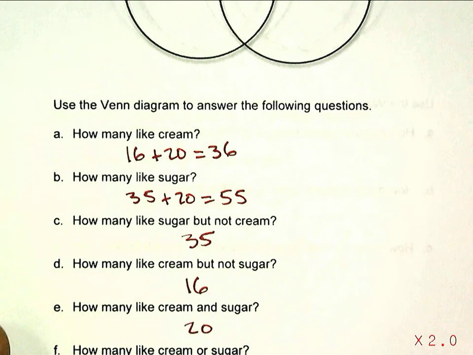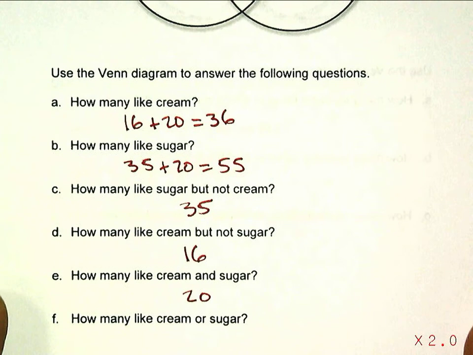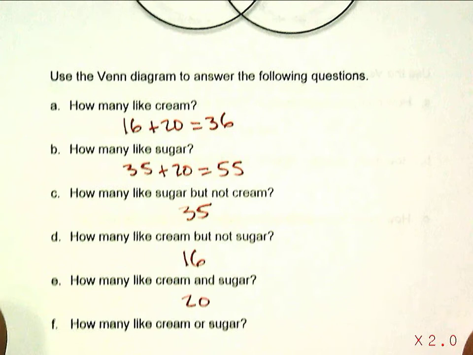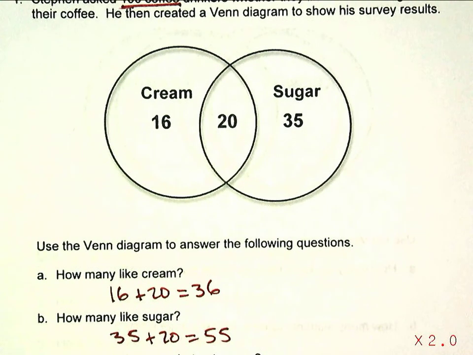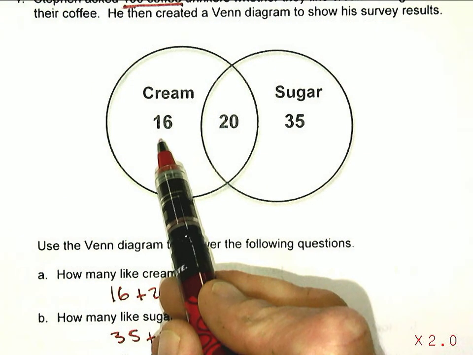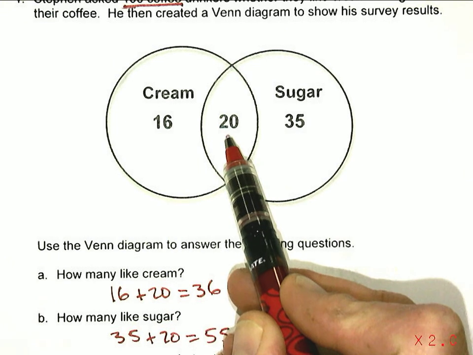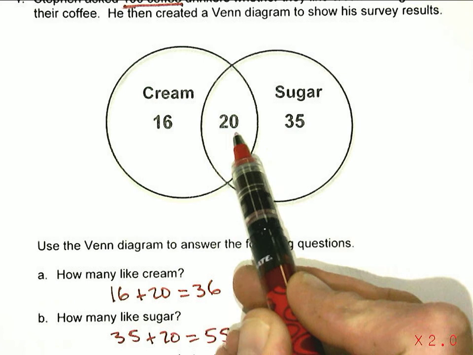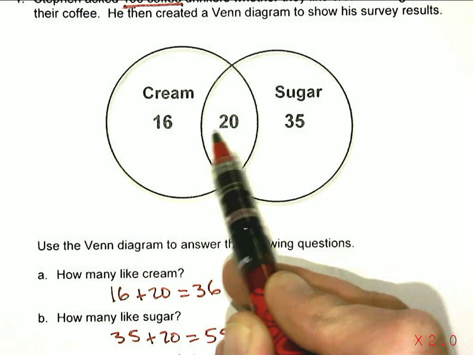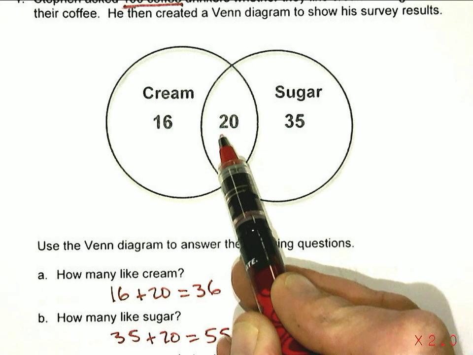And now the next question becomes a little bit more of a challenge, because if we ask how many like cream or sugar, you have to start thinking about, do these people like cream or sugar? Well, yeah, they like cream. Do these people like cream or sugar? Yeah, they do. They like cream. It doesn't mean one or the other. It could mean either of them.